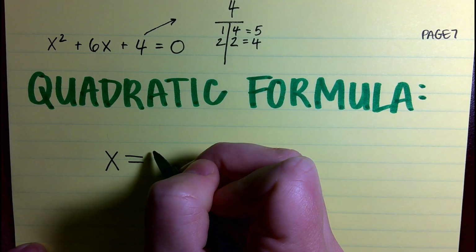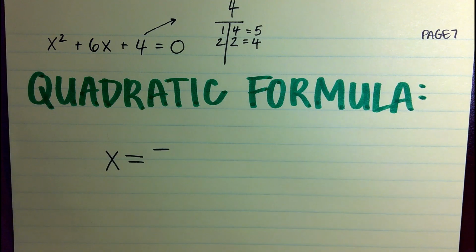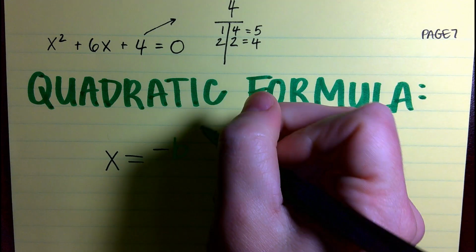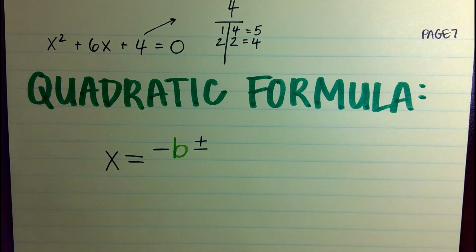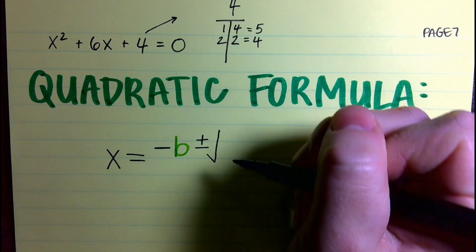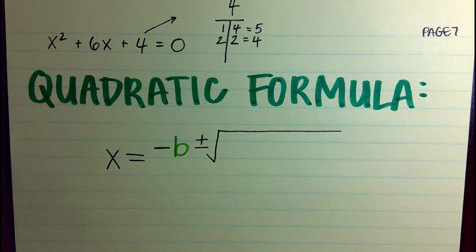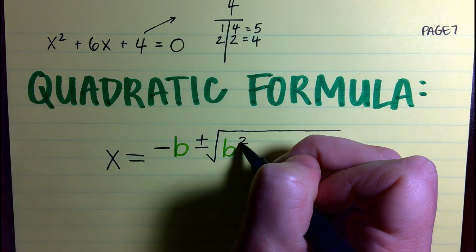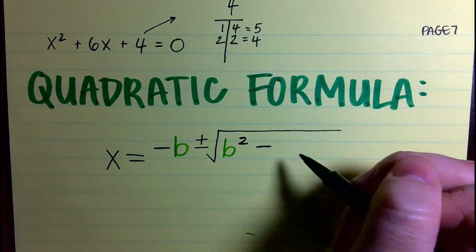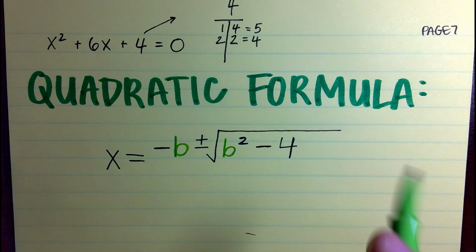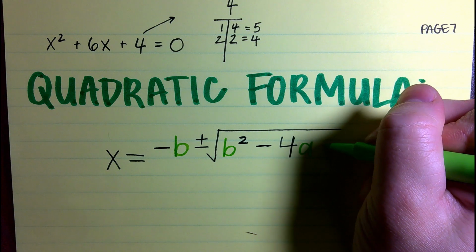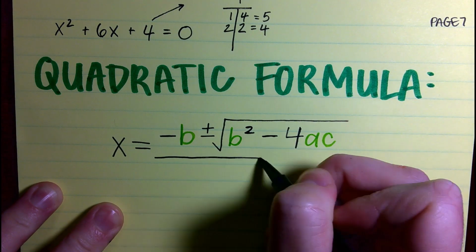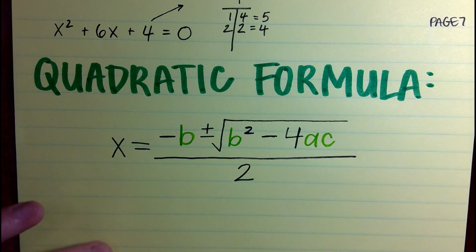X equals negative b, and then plus or minus, I'll explain what that means, the square root of b squared minus 4 times a times c, and all of this is divided by 2 times a.